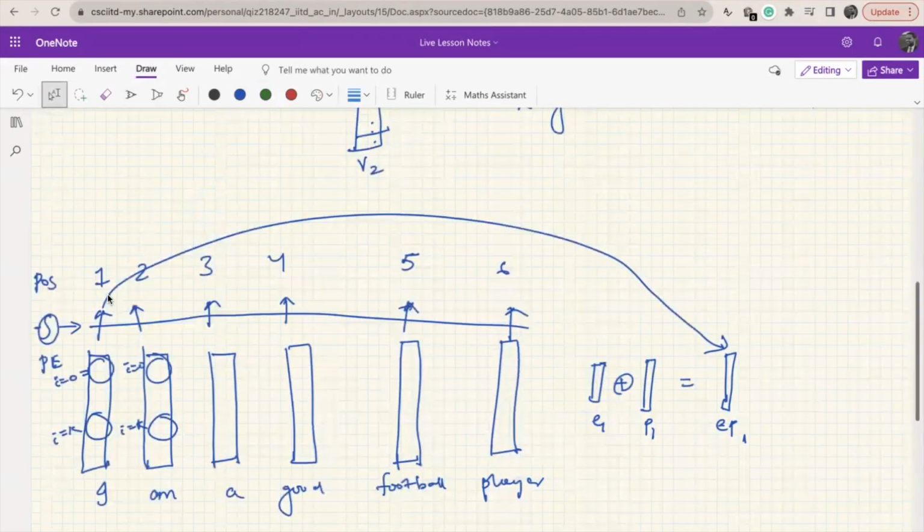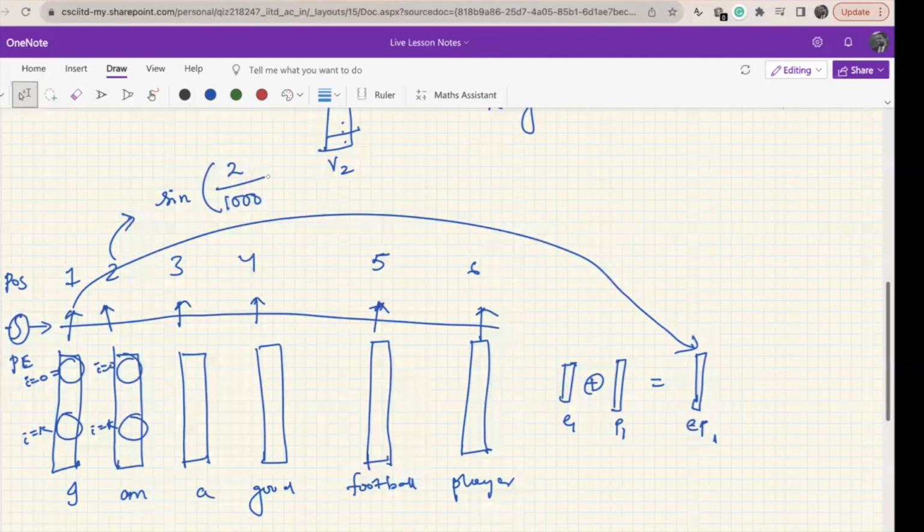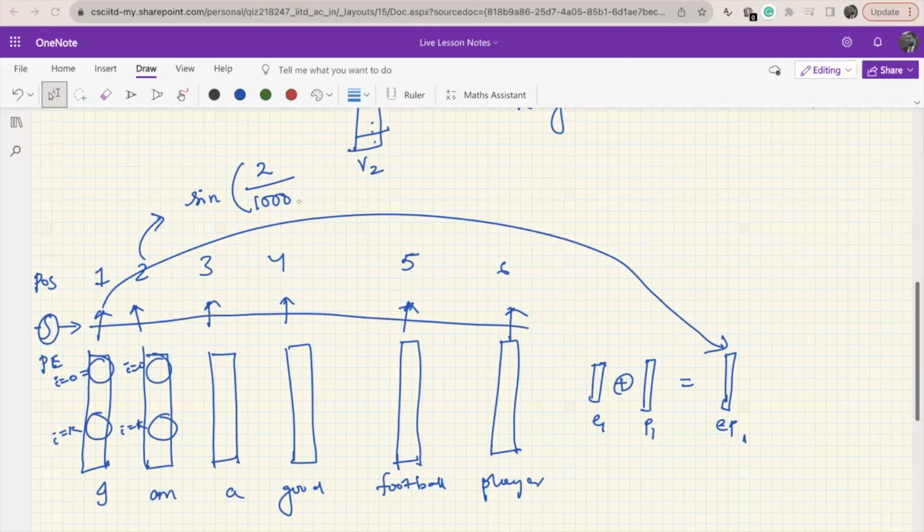So let's say for i equals k, for the second positional encoding, the value of the positional encoding vector will be sine of the position divided by 10,000 to the power 2i by d.